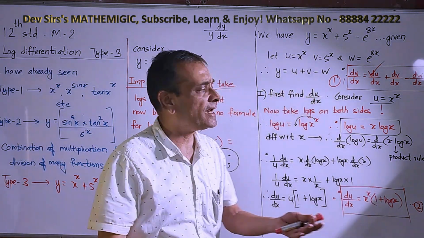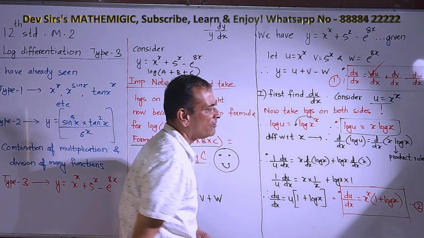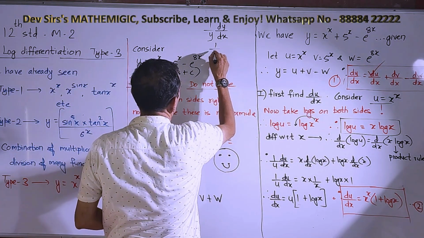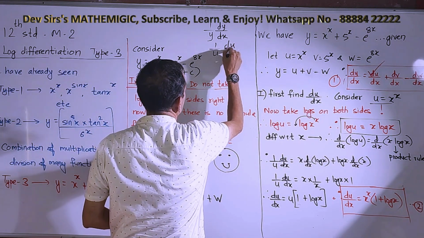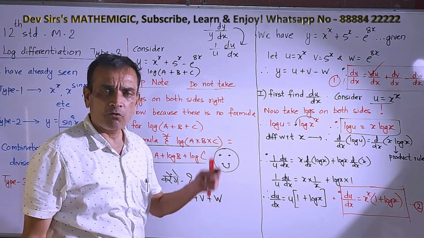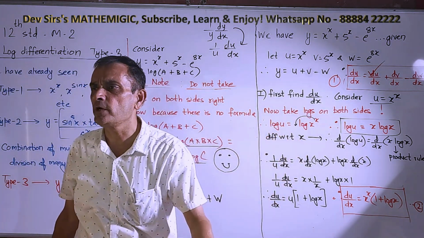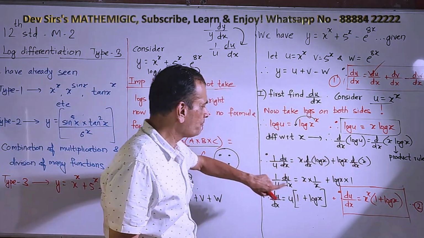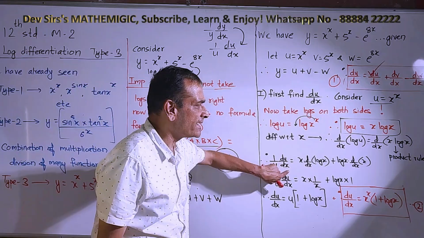Derivative of log u क्या रहेगा? d by dx of log u क्या रहेगा? 1 upon u du by dx. Same as this. उसको 1 upon y बोला, इधर 1 upon u du by dx आ गया. So derivative of log u is 1 upon u du by dx.